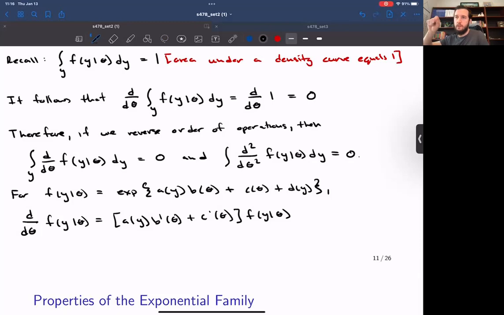So this would just be the standard rule for the derivative of an exponential function. So that's why we end up with the f of y on the outside. Okay, any questions so far? Maybe just I'll make a note.